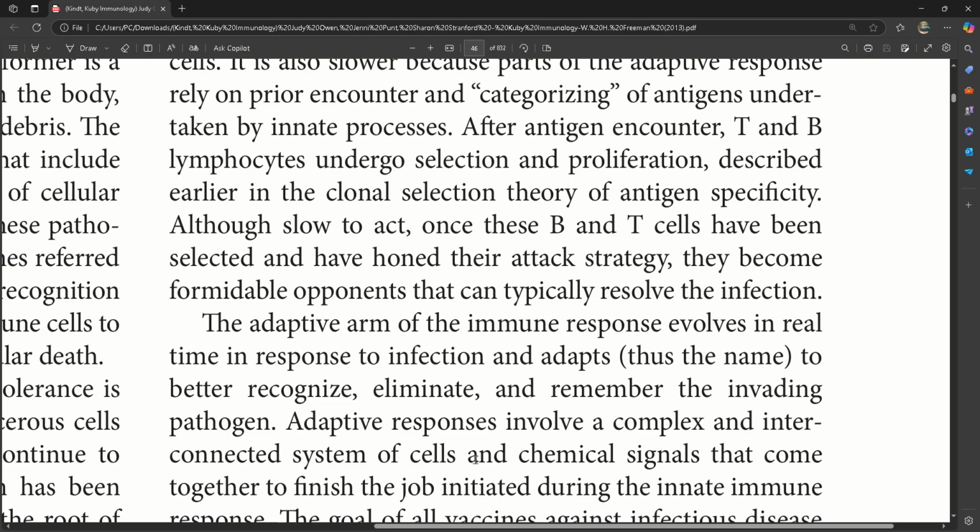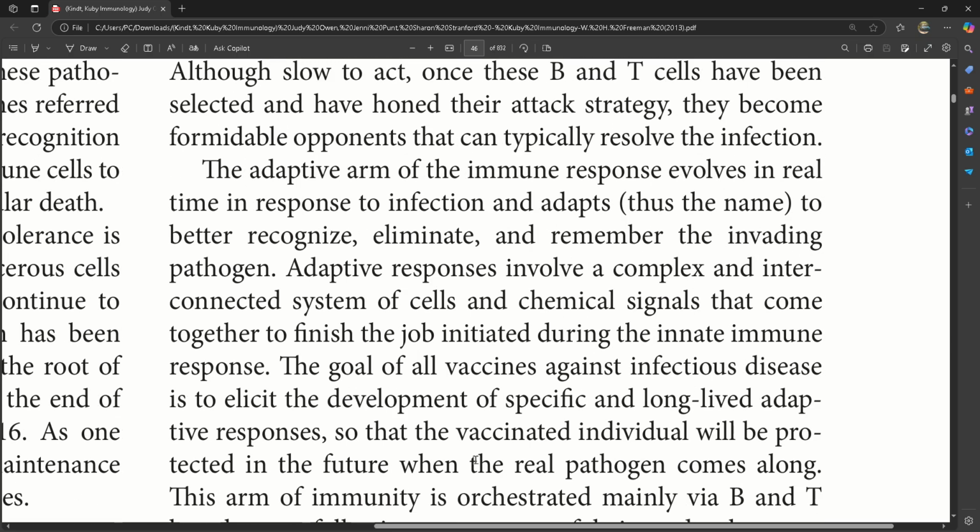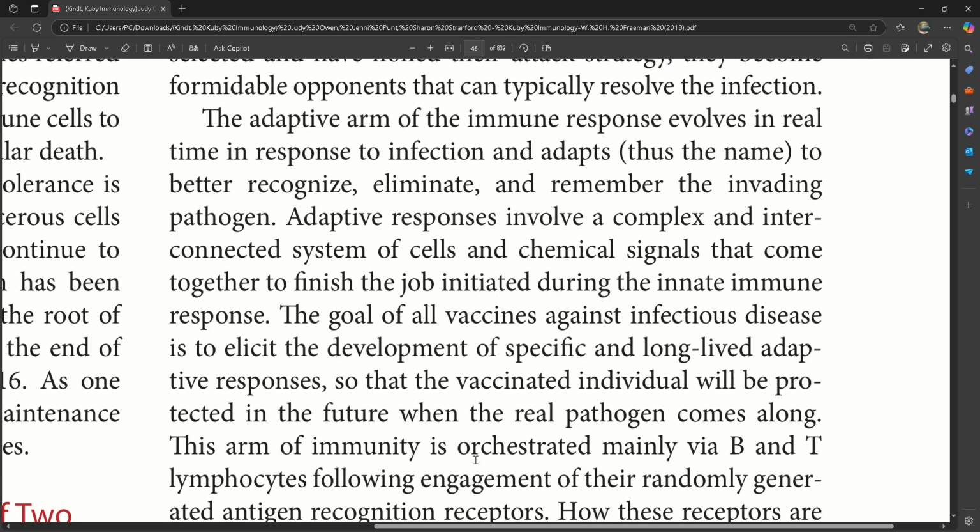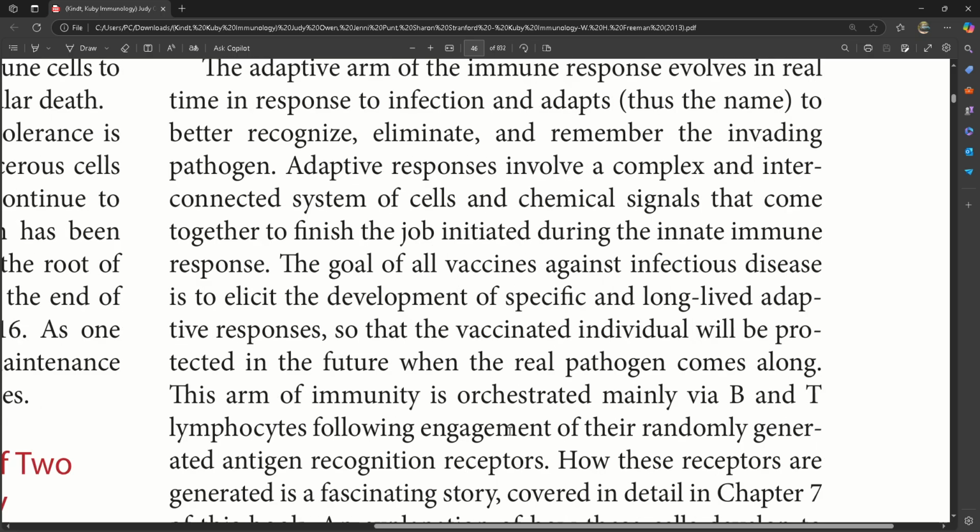So adaptive responses involve a complex and interconnected system of cells and chemical signals that come together to finish the job initiated during the innate immune response. So the goal of all vaccines against infectious disease is to elicit the development of a specific and long-lived adaptive response so that the vaccinated individual will be protected in the future when the real pathogen comes along.